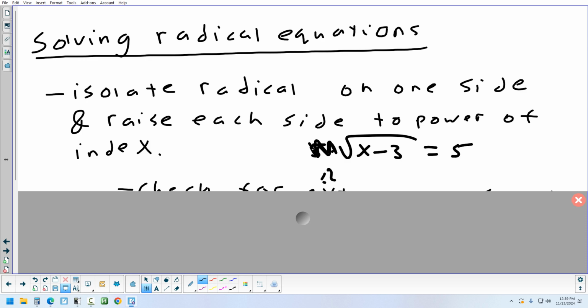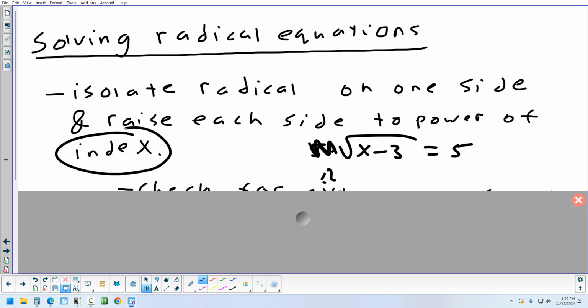So we make sure we get it by itself, and then we want to cancel out the radical. If we were dealing with a square root, what is the opposite of taking a square root? Squaring, yes. So we would raise each side to the power of the index. When you're doing a square root, the index is a 2. So you square each side.